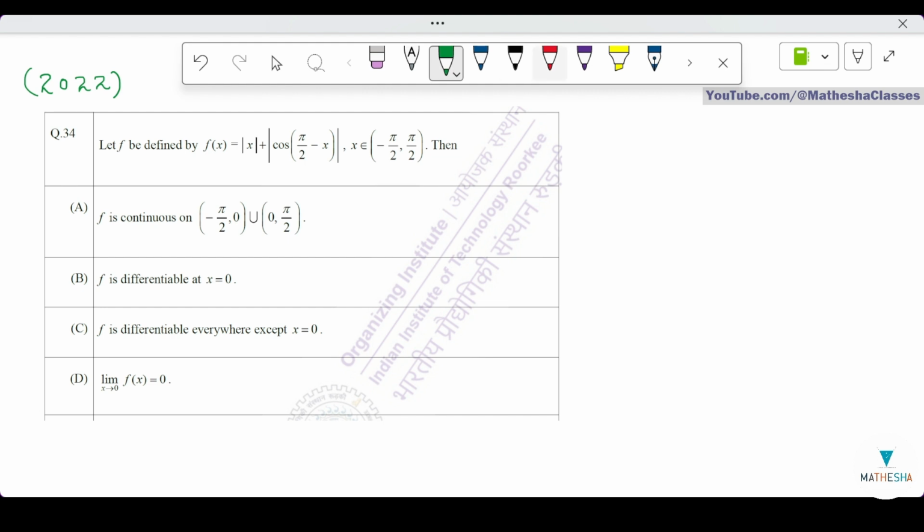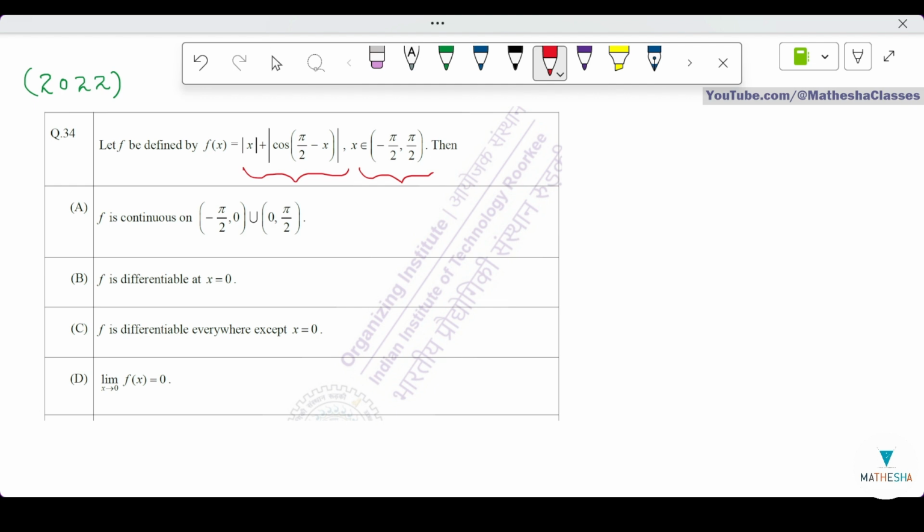The question was the following. Let f be defined by f(x) is equal to mod x plus mod of cos(pi by 2 minus x), where x lies in the open interval minus pi by 2 to pi by 2. Then which of the following options are correct?